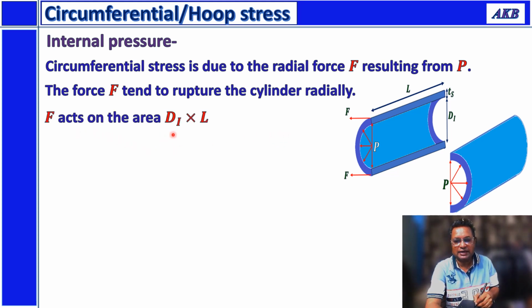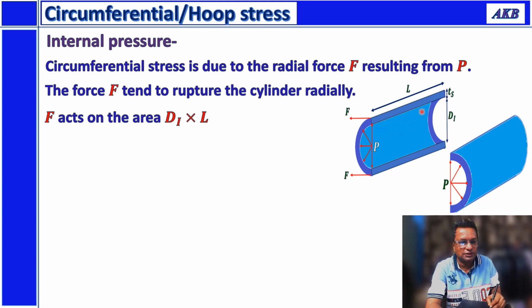This force is acting on the area DI into L. So the force is acting in this direction, and for its action, the area that will be available for this force is L into the internal diameter. You can just imagine you have this dimension and this dimension.